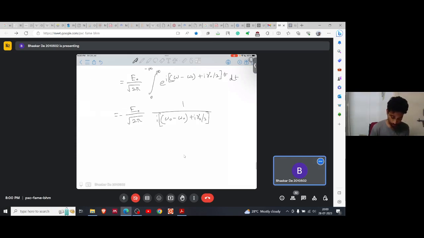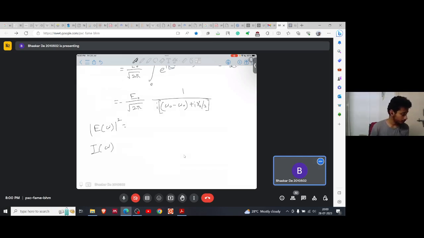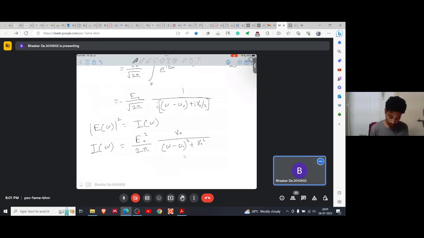So now if we take the intensity of this, the modulus square of this electric field in the frequency domain, then we will have the intensity in the frequency domain, I(omega). I(omega) is basically E naught square by 2 pi, times gamma naught over (omega minus omega naught) square plus gamma naught square by 4.